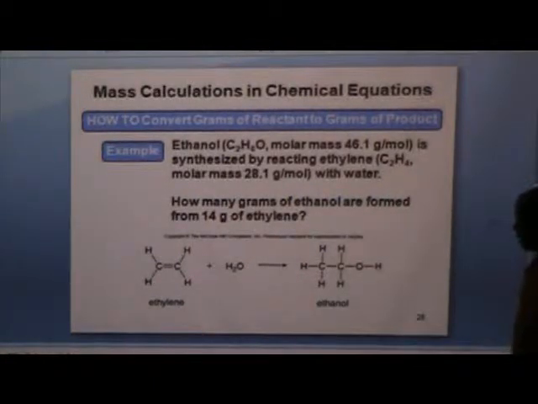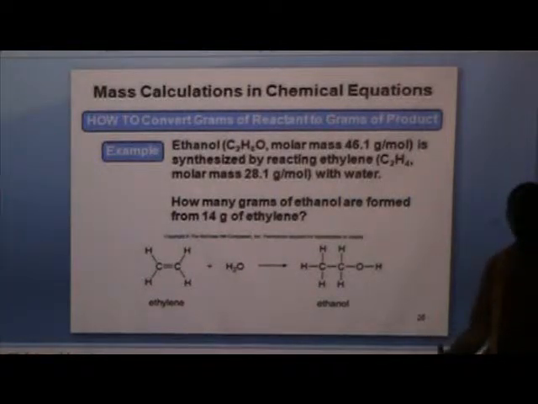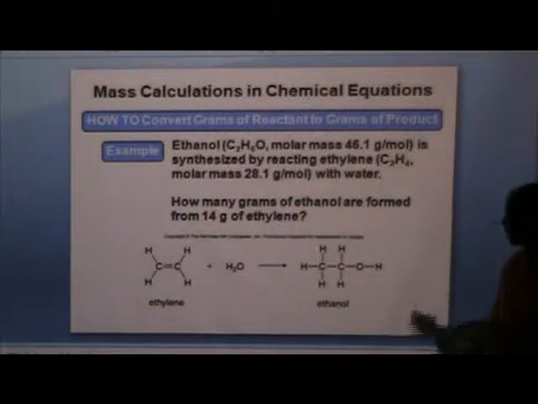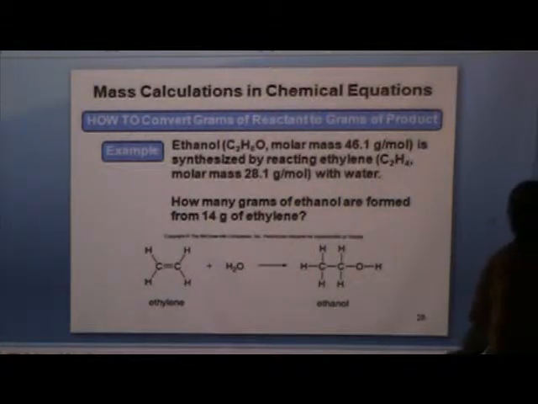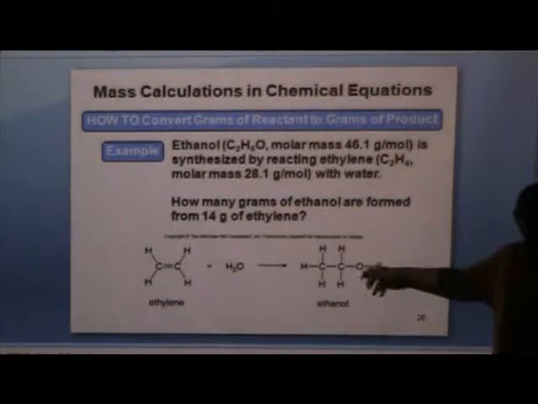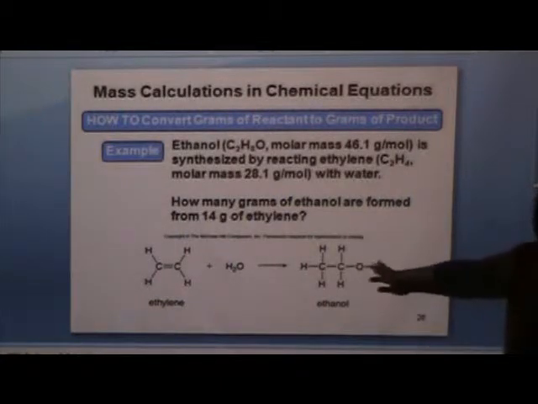The way they prepare ethanol, the ethylene, C2H4, has to be reacted with water. It's an addition reaction, and it gives you ethanol. I'm not going to ask you this on the test.